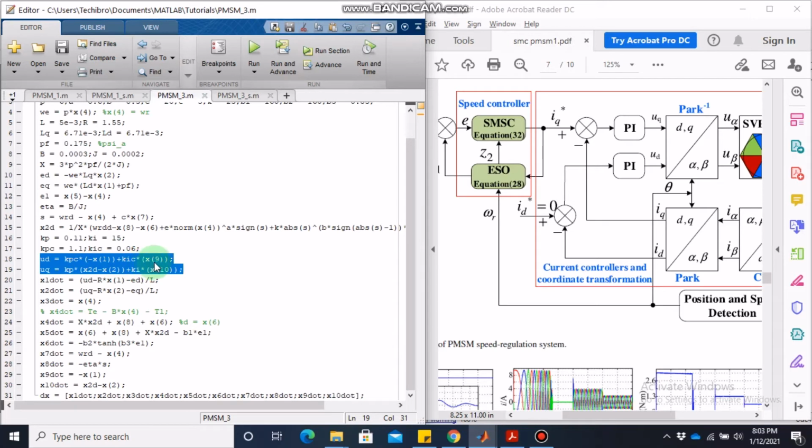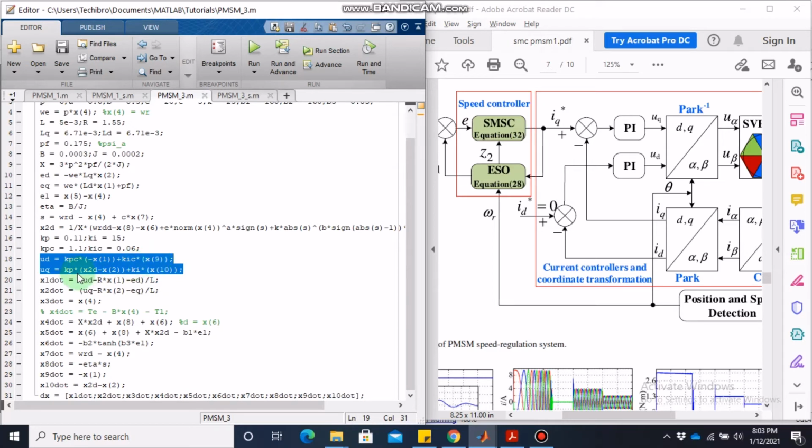State 9 is basically the integral of the error. The reference value for id is equal to 0. So the error is 0 minus id, which is just minus id. So my x9 dot is minus x1. That means that the state x9 is the integral of the error 0 minus x1.